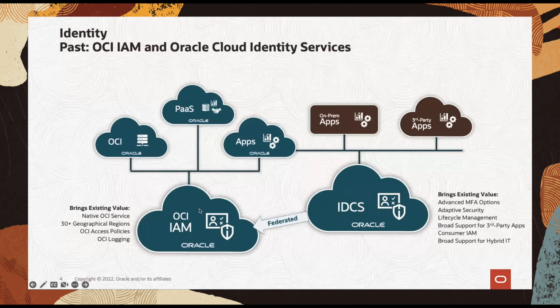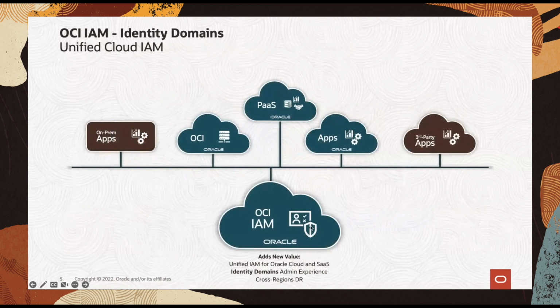And if any group of users from the IAM needed access to the IDCS, then we would do the group mapping from the IAM to the IDCS. But then several customers raised their voice saying, why do we need to manage the users in two different places when both are Oracle identity and access management solutions? That is when we introduced the OCI IAM domains.